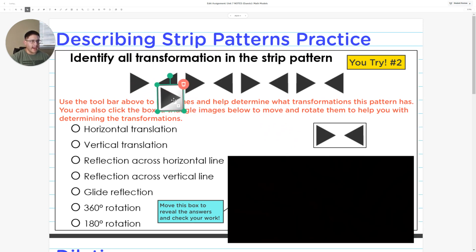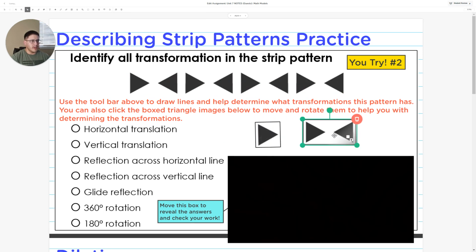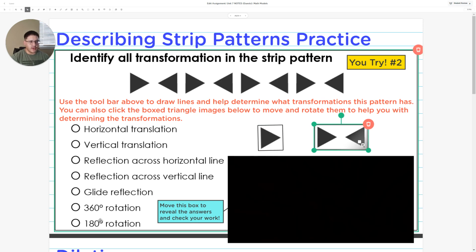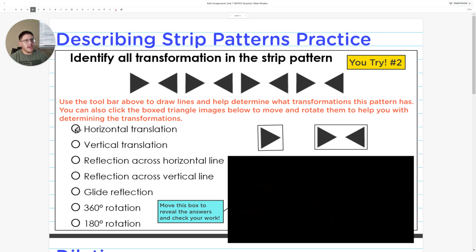You could also drag to determine what other types of transformations are going on. Same thing with this right here. You can click, rotate, and drag to identify these different transformations if they have any. And then if you can, mark each one with either a check or an X, depending on what you find.